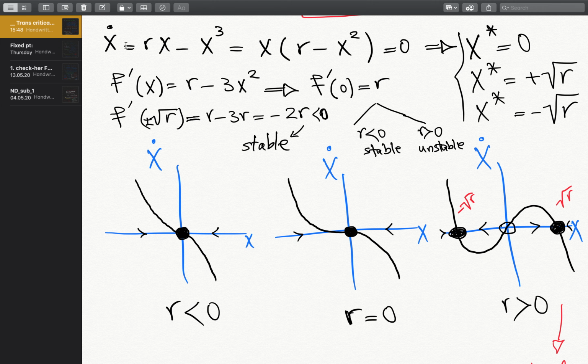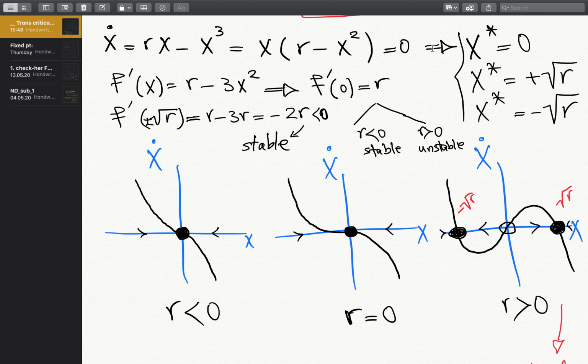Okay, so again we have x dot equal to rx minus x cubed, and we factor out the x, and we have the formula x times (r minus x squared). We want to find the fixed points again.